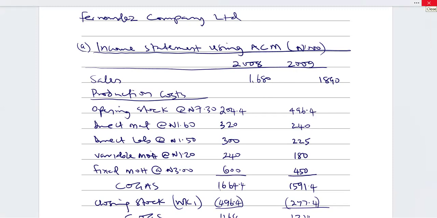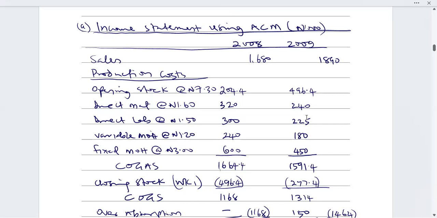In our variable cost, where we had 4.3, where do we get it from? The total cost per unit is 7 naira 30 kobo in the question.